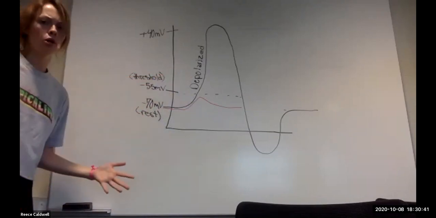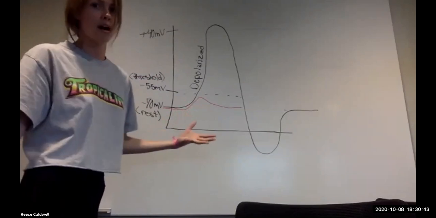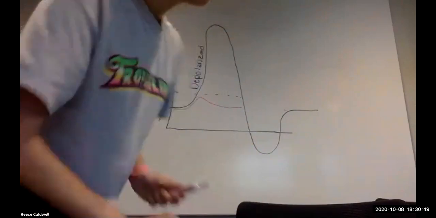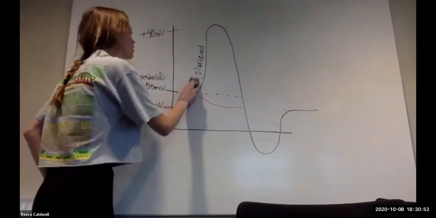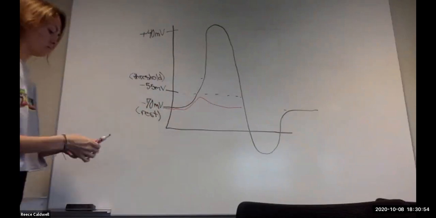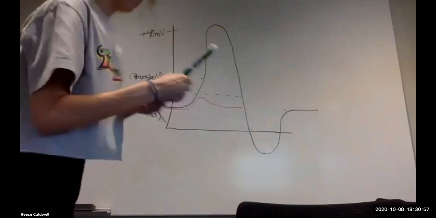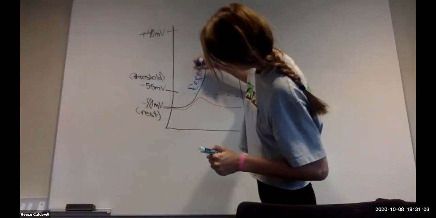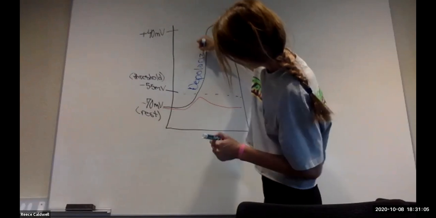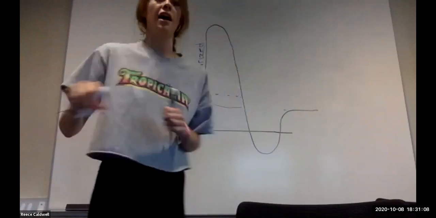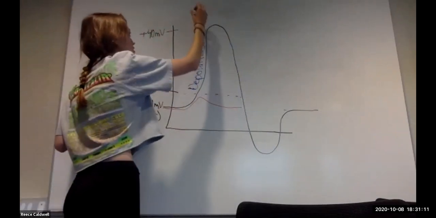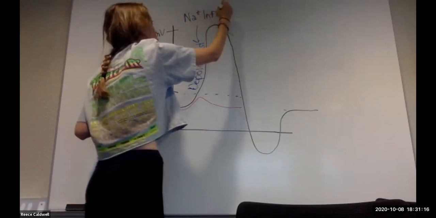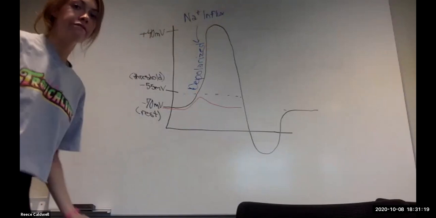So, what is depolarization? What does that mean? I should have color-coded that. Let me color-code it so it makes a little more sense. So, we hit threshold, the cell is depolarized. What we mean by depolarized is we have a rapid influx of sodium. An influx or an inflow of sodium.